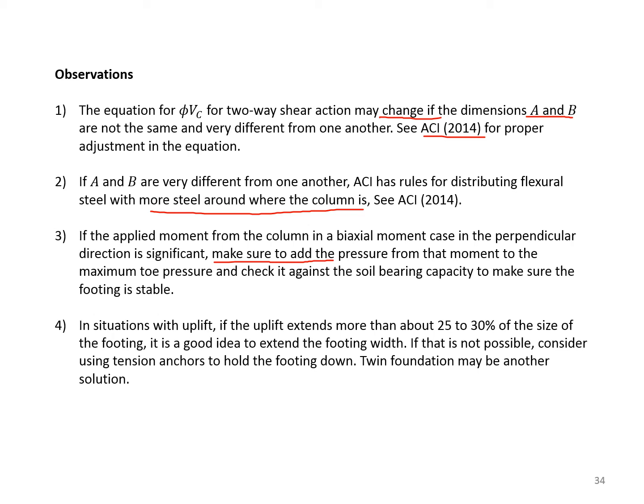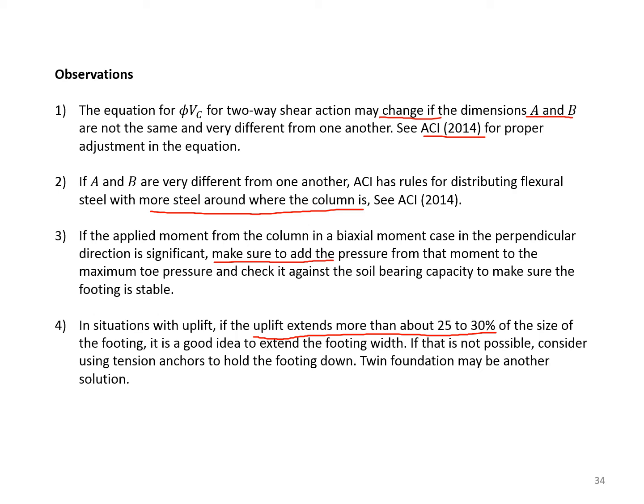In a situation with uplift, if the uplift extends more than about 25 to 30% of the size of the footing, it's a good idea to extend the footing width. If that is not possible, consider using tension anchors to hold the footing down. Twin foundations may be another solution.